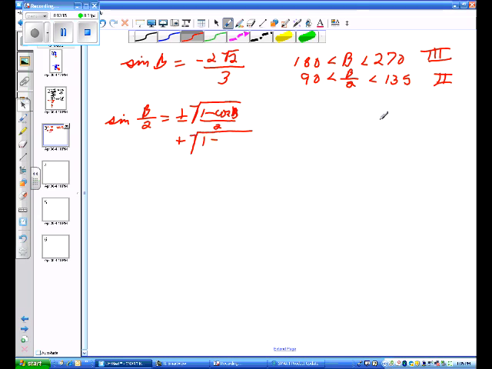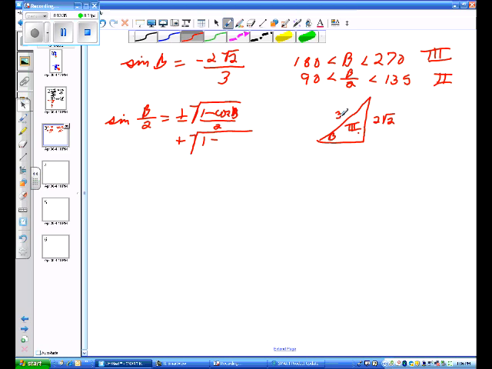And that will be 1 minus, now the cosine, to find that I need to draw my triangle. If this is beta, the sine was 2 square roots of 2 over 3, and that was in quadrant 3. Now to find my other side, I'm going to need to do my Pythagorean theorem.